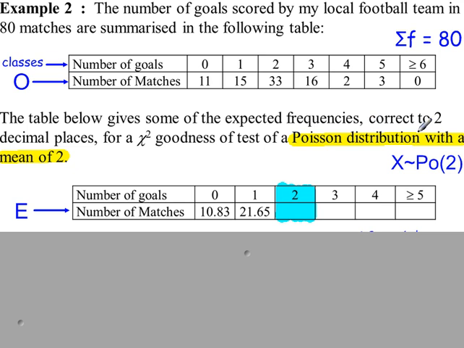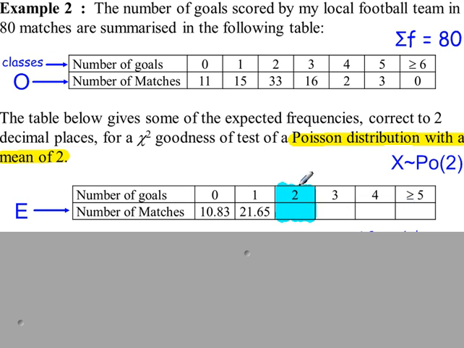We're using a Poisson distribution with a mean of 2. Some of the E-values, the expected frequencies, have already been given, but we need to calculate 4 values here.